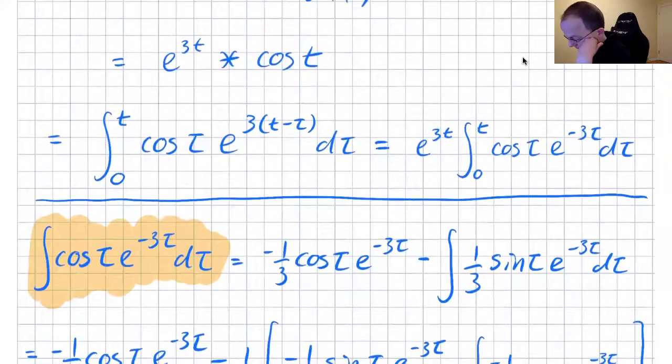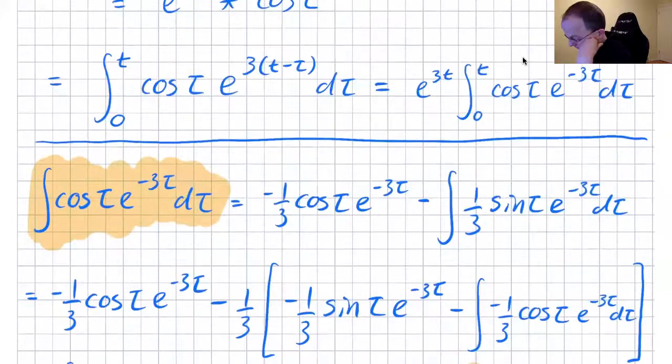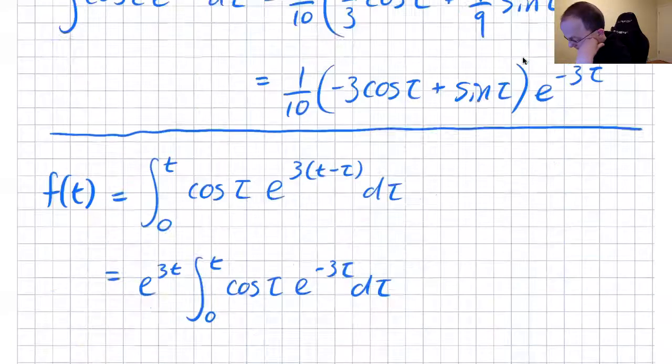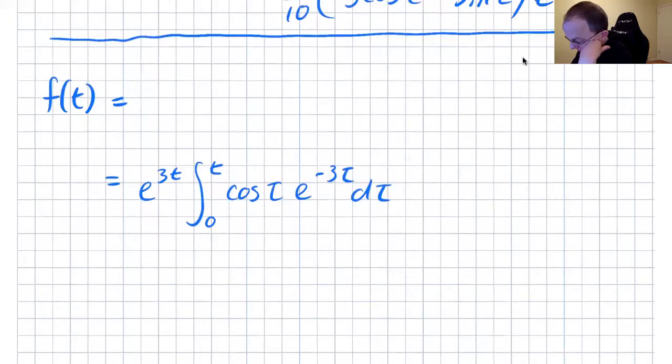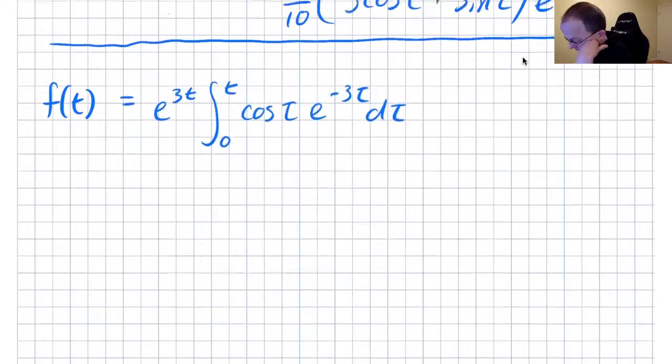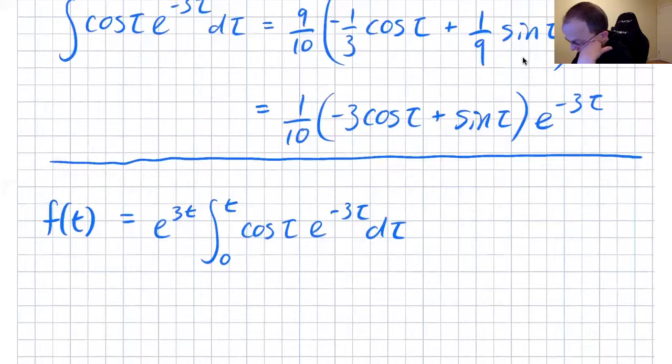All right. So that's what we wanted. And maybe I'll just highlight this as well. All right. So that's the idea. So we have this, and now we know what that integral is equal to.